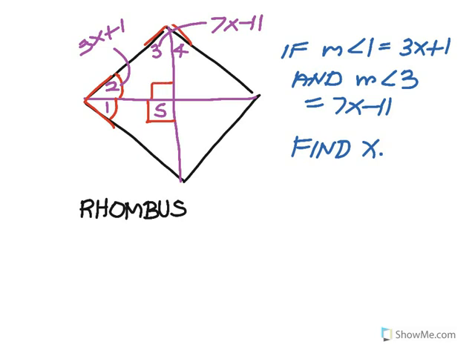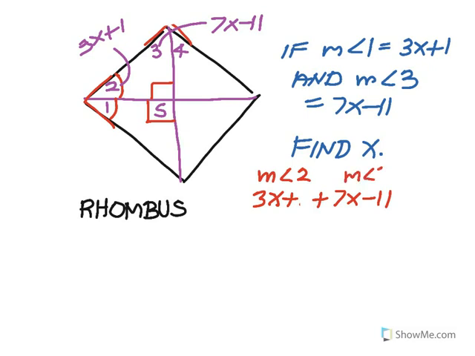So I can write a little equation to say I know that then that 3x plus 1 plus 7x minus 11. So this is measure of angle 2, which is the same as angle 1, and measure of angle 3 are complementary to each other. They have to add to 90.